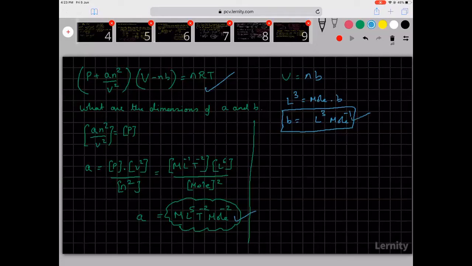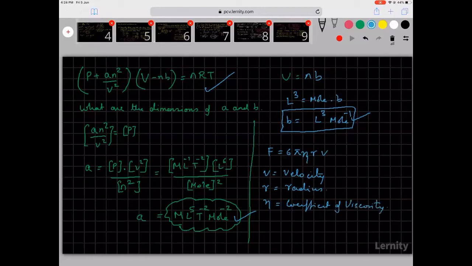Then they will give you another very favorite question in your exams. Force is equal to 6 pi eta r v, where v is equal to velocity, r is the radius, eta is the coefficient of viscosity.